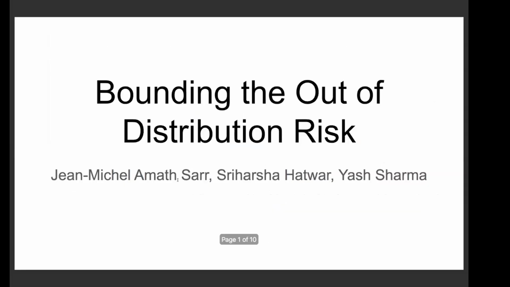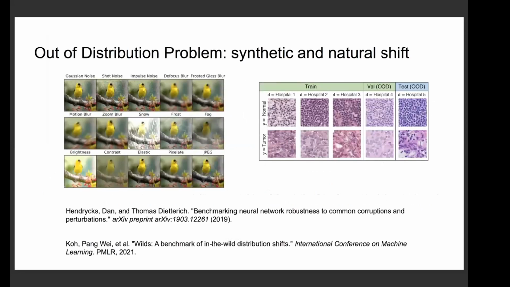Okay, so we are interested in bounding the out of distribution risk. So let's start with a few words on out of distribution. Basically, when we do deep learning or machine learning, we are used to having the training and test data come from the same data distribution.